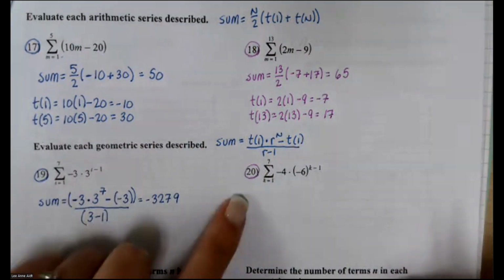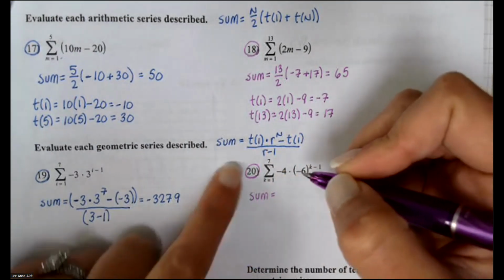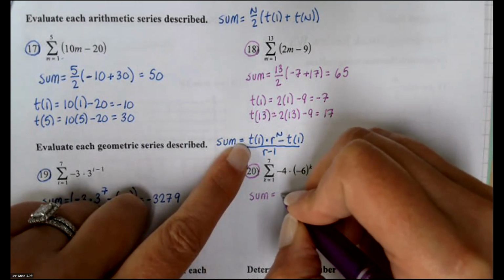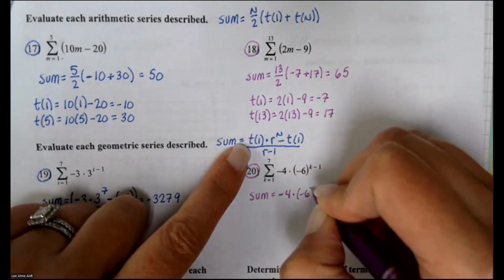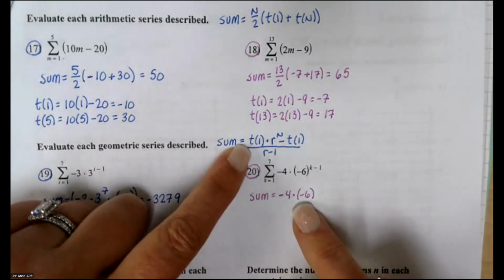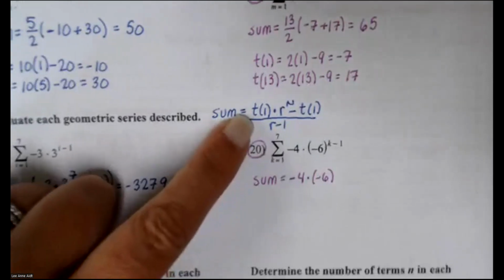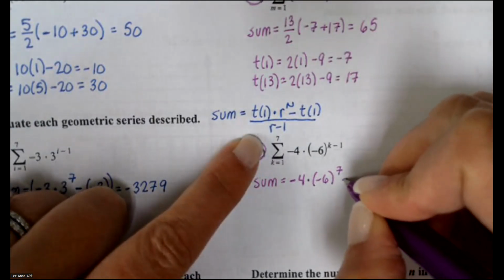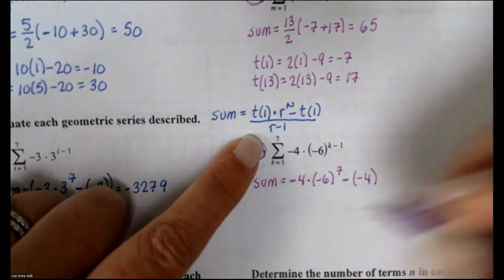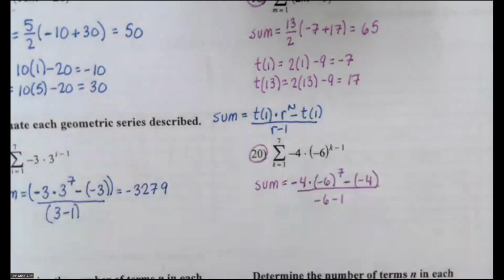All right, next one. Sum equals first term times r. This one is very important because r is negative. You need to put it in parentheses. N is 7 minus first term over r minus 1.